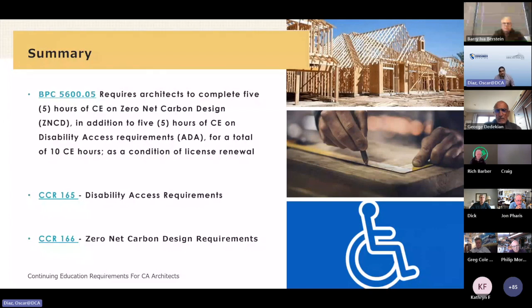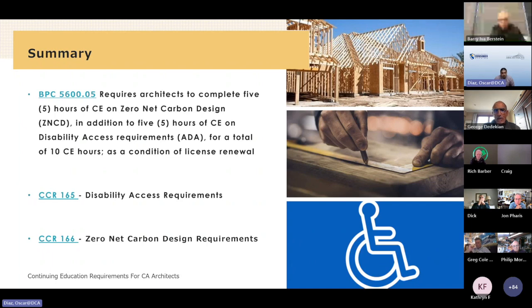Now, if that does happen, we advise you to get the CE done as soon as possible. You do have a 30-day window to renew your license before you are charged a late fee. That does not mean you have a waiver or extension. In essence, you are renewing late, but we don't want you to renew without having your CE completed, because you do have the possibility of being audited by the board.